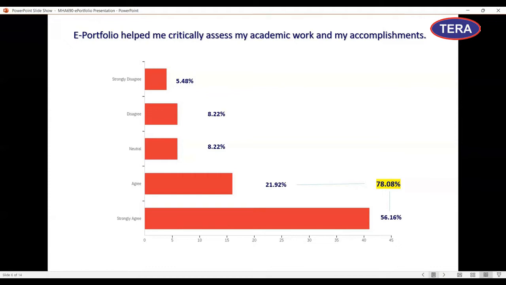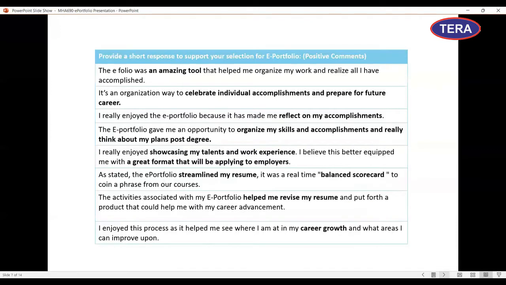We also capture students' verbal comments. Here are positive comments. The e-portfolio was an amazing tool, an organized way to celebrate individual accomplishments and prepare for future careers.